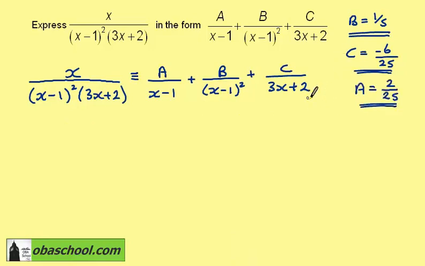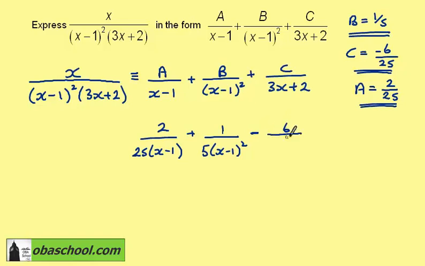Now that we have the values, we can substitute back in. a is 2 over 25, put the 2 on the top and the 25 underneath with the (x minus 1). b is 1/5, put the 1 on the top and the 5 underneath with the (x minus 1) all squared. And c is minus 6 over 25. We can put the minus here, 6 on top and the 25 underneath with the (3x plus 2).